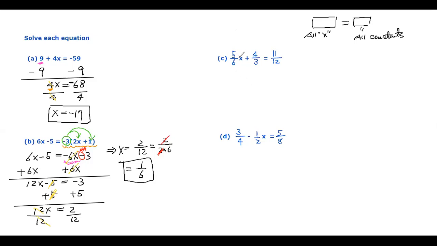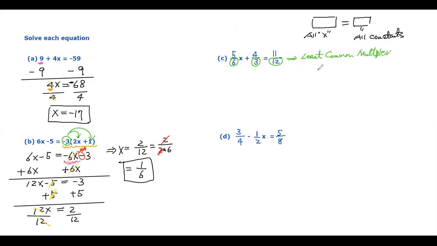So you take a look at here, the denominators are 6, 3, and 12, right? So for the 6, 3, and 12, I want to find the least common multiple, right?